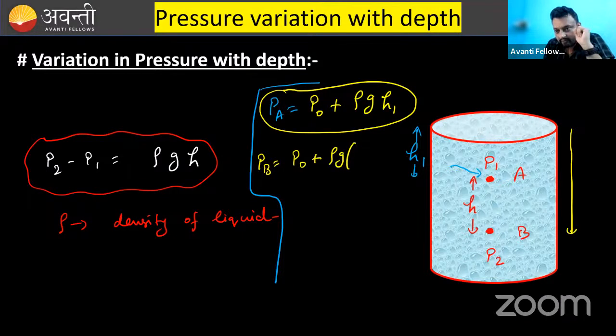This is the depth of point B. Can you say that this is h1 plus h? This is h, this is h1. So this is how you can write the pressure at any point. I think these points are clear. So what you should remember, pressure difference is rho g h. How to write the pressure? Atmospheric pressure is always there.